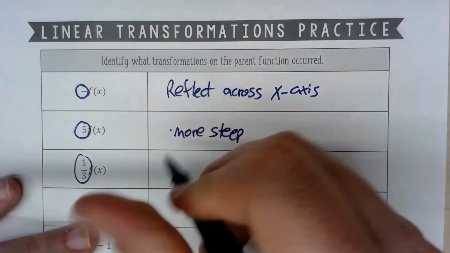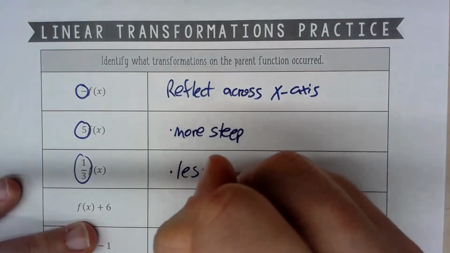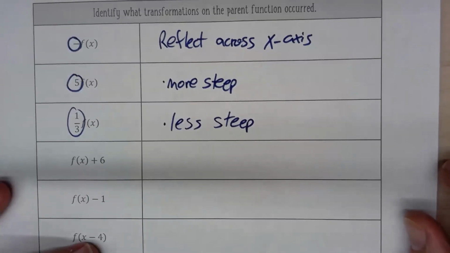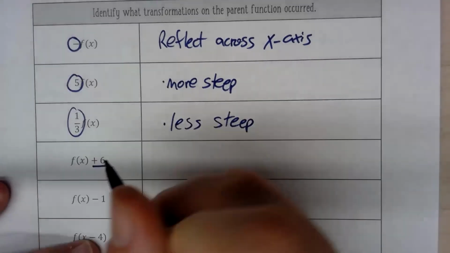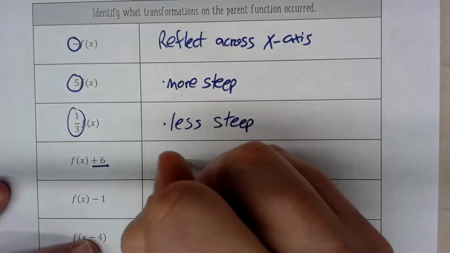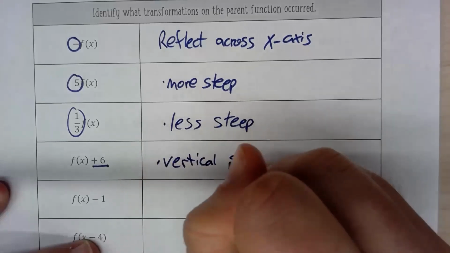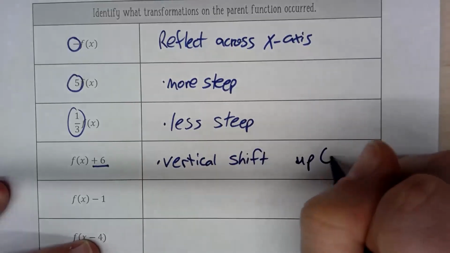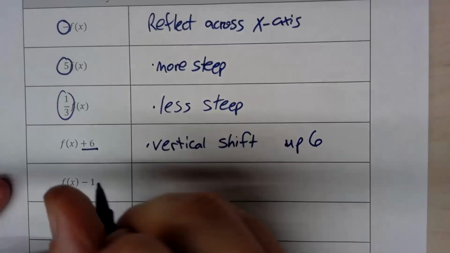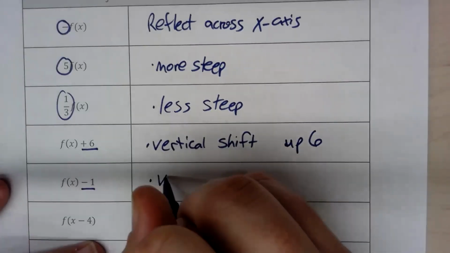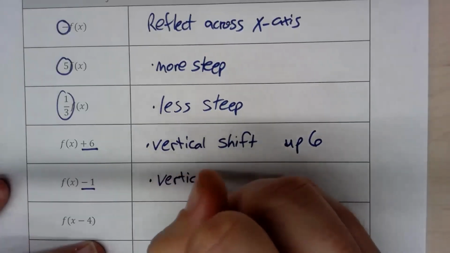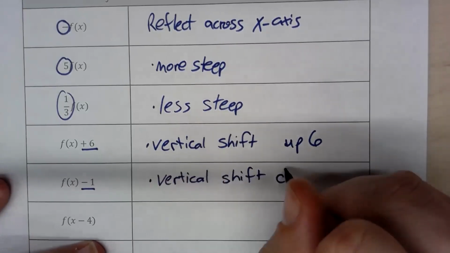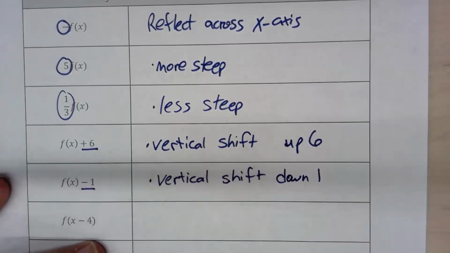If I multiply by a number less than 1, it's going to get less steep. Now, again, pretty obvious. If I add 6 on the outside, that's a vertical shift up 6. If it's -1, again, outside tells the truth, and outside's a vertical change. So vertical shift down 1.